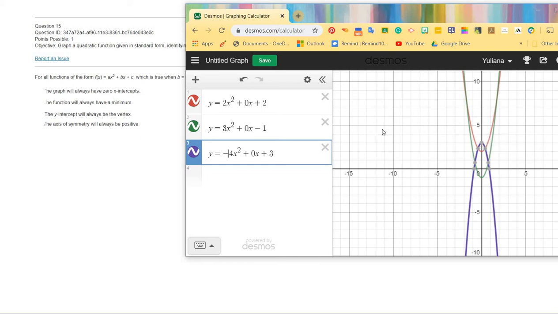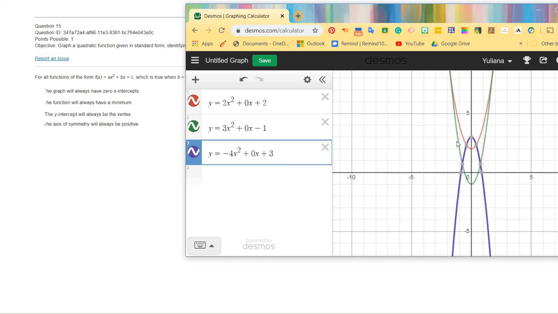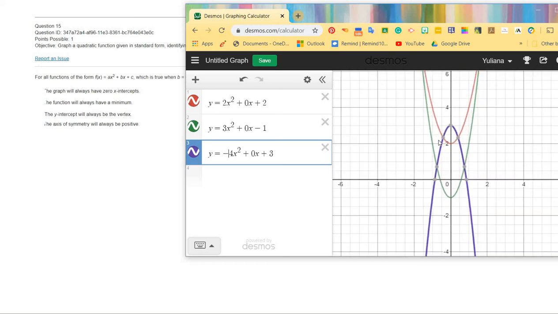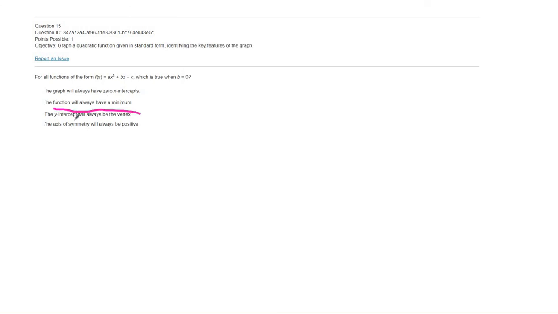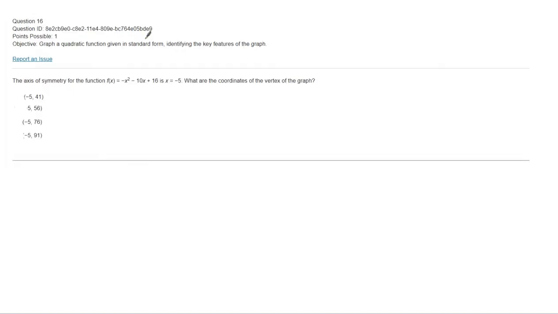The function will always have a minimum. So notice that when I made this -4x, it now has a maximum, so that's not true. The graph will always have 0 intercepts. Well, not necessarily, because that red one right here didn't have any because it doesn't cross the x-axis. So in this case, the y-intercept will always be the vertex.